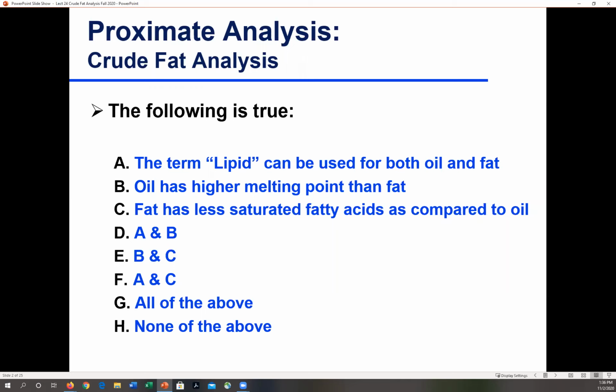So fat has a higher melting point than oil. And fat has less polyunsaturated, has more saturated fatty acid. With more saturated fatty acid, you have higher melting point. So oil usually has more mono and polyunsaturated fatty acid than fat does. So the only correct answer is A.